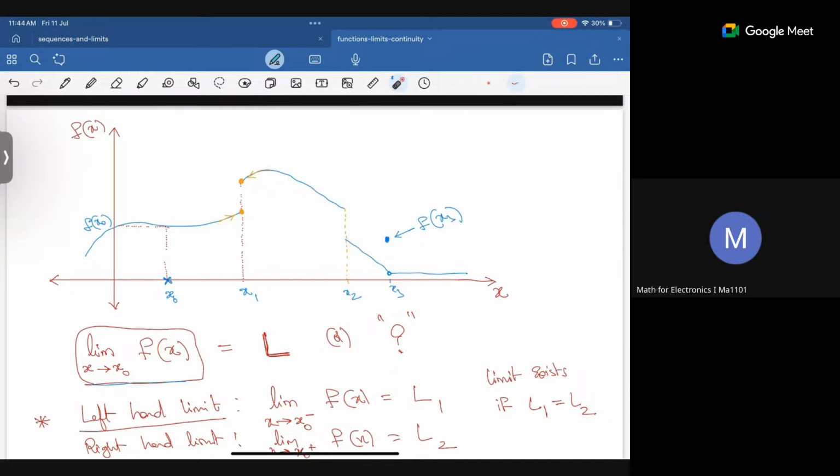So wherever I lift my pen, the function is discontinuous. Here, at x0, the function is continuous. At x1, I have to lift my pen, so it's discontinuous. At x2 also, it's discontinuous. There is a jump. At x3 also, unfortunately, even though the limit exists, the function is discontinuous.